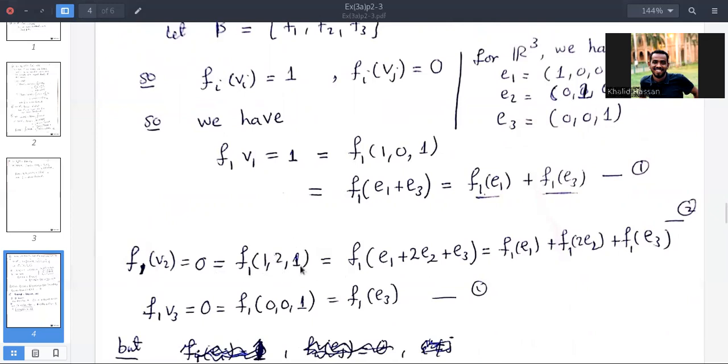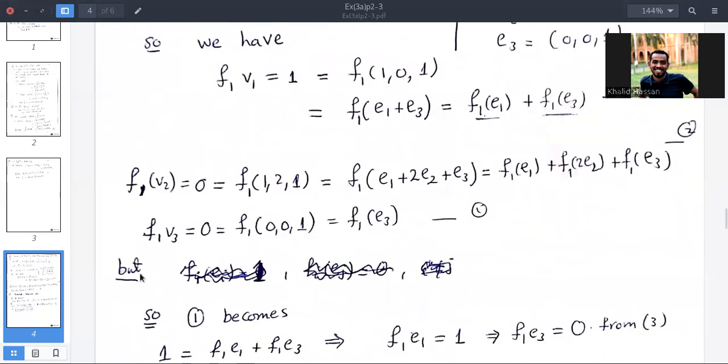Again, we write v2 in terms of the standard basis. It would be e1 plus 2 e2 plus e3, which, again, because f is a linear functional, will be f1 e1 plus 2 f1 e2 plus f1 e3. In fact, we can say 2 f1 e2, sorry, this is e2.